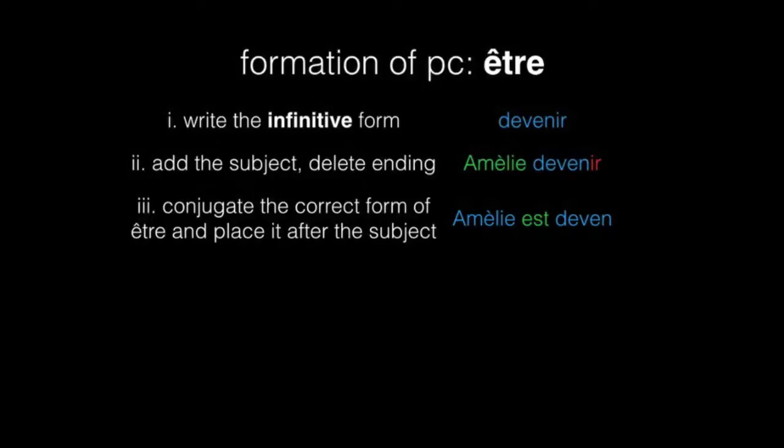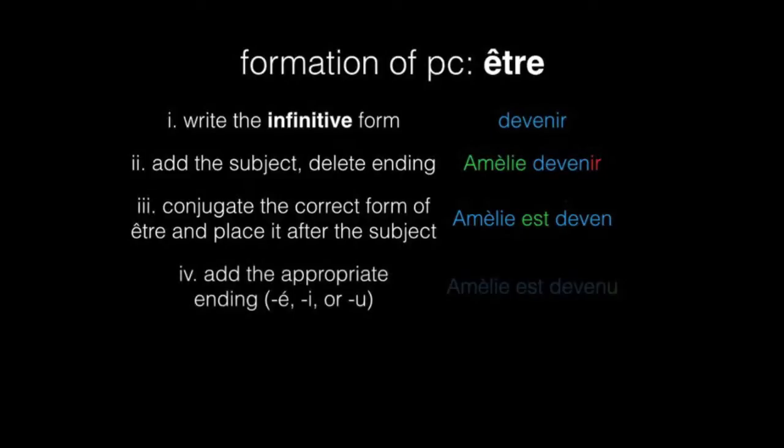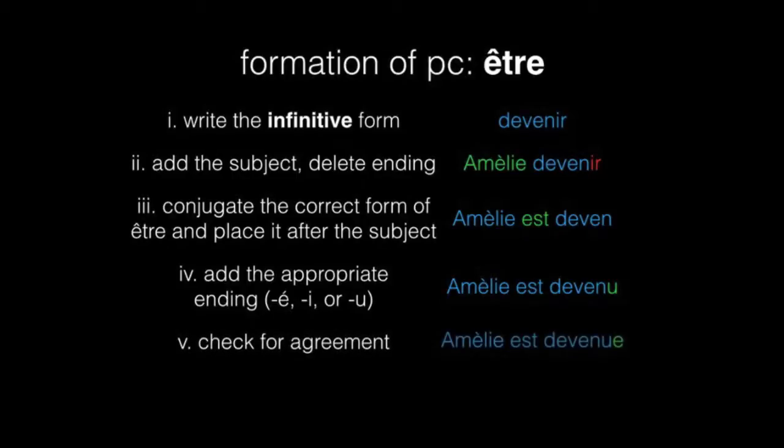I'm going to assume this is one of the most basic things you learn in an introductory French class, conjugating être. And step 4, add the appropriate ending, which could be é, e, or u. So in this case, it's going to be a u. Amélie est devenue. And the last step, you should check for agreement. So our final conjugation is going to be Amélie est devenue, or Amélie became.